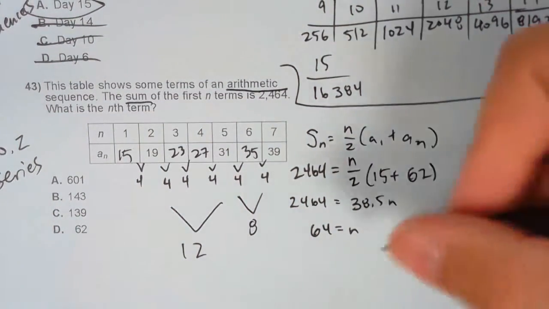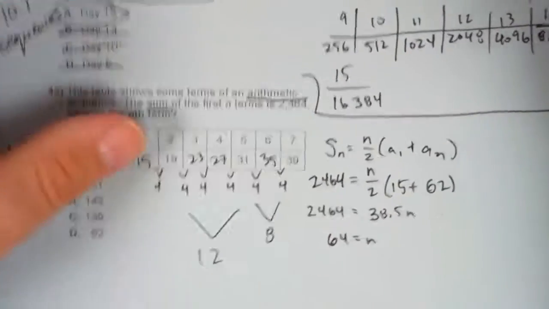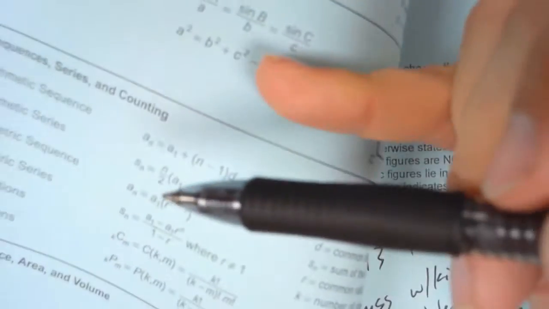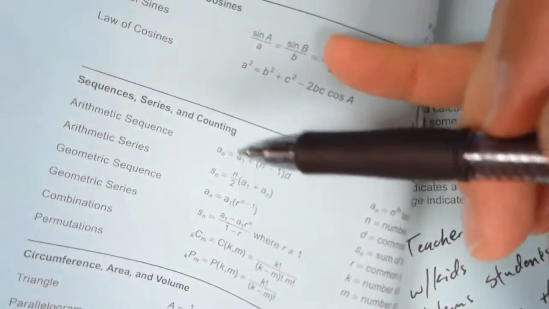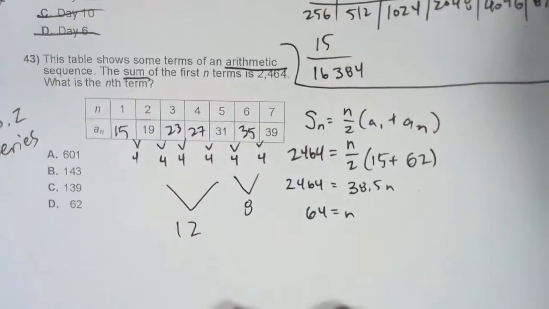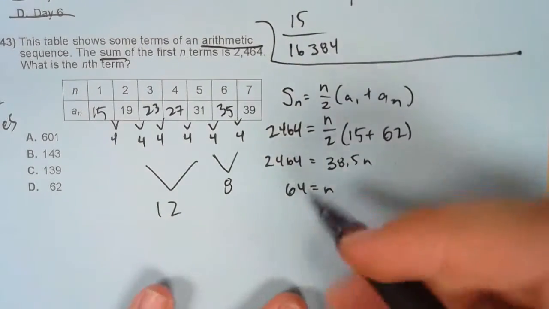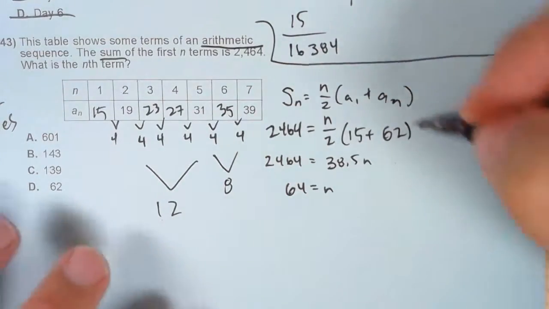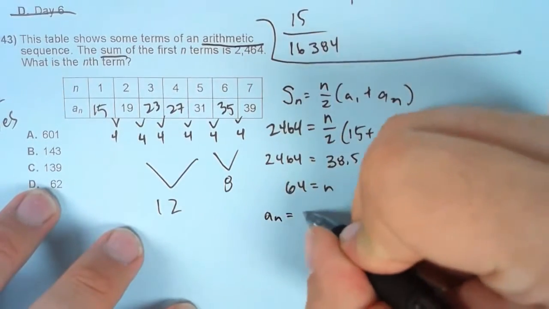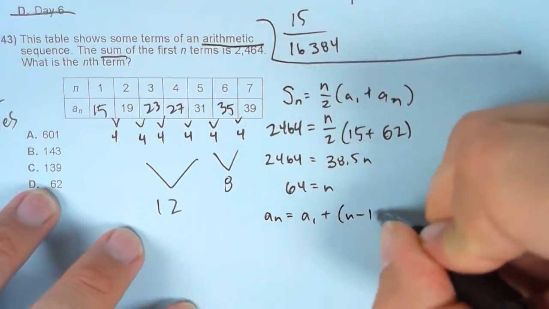So let's plug that into the other formula which we're going to use today, which is the formula for the arithmetic sequence, which is just right here. So a sub n equals a sub 1 plus n minus 1 times d. And if it works out, we get an equation where both sides are equal. So if we use this n, our last term, a sub n equals a sub 1 plus n minus 1 times d.